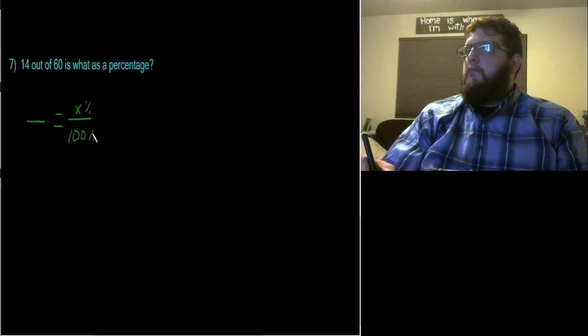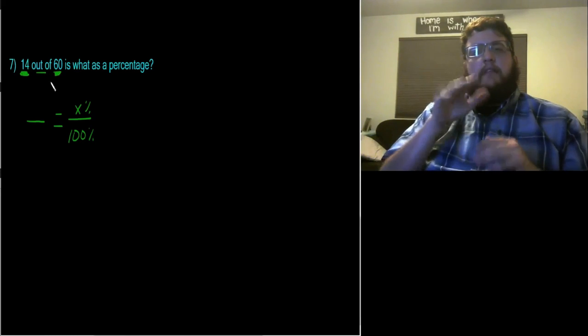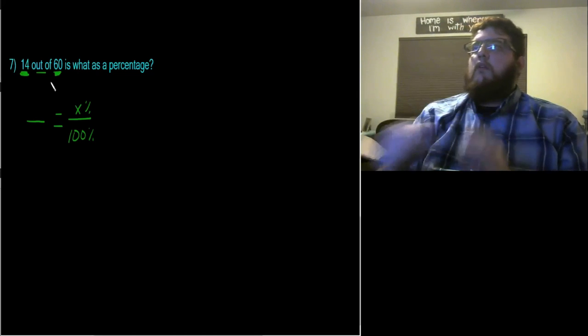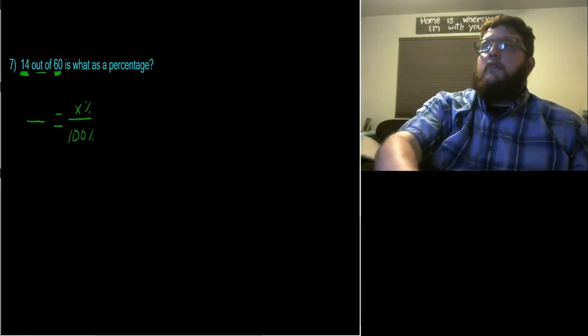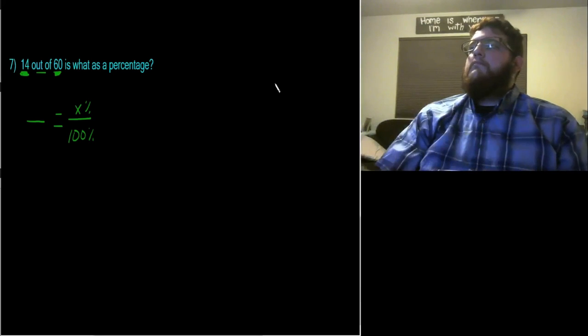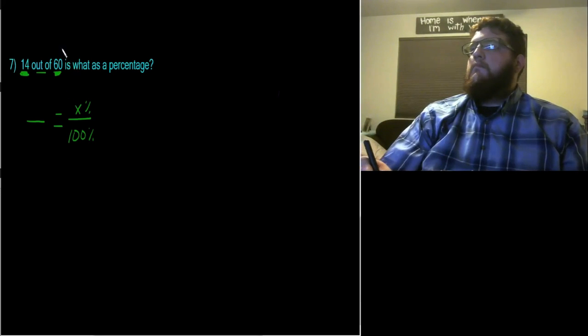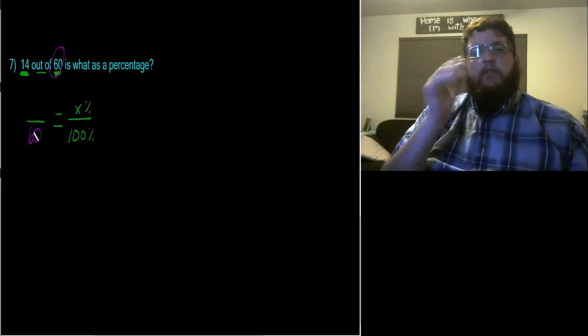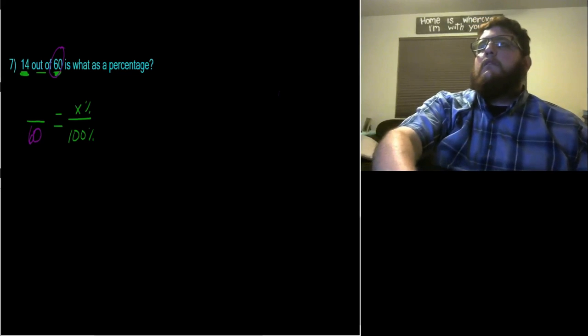And it's always out of 100%. We know that 14 is the partial amount of whatever these are, out of 60, which is the total amount. So 60 will go in the denominator because it is our whole number. And 14 will go in the numerator because it is our part.